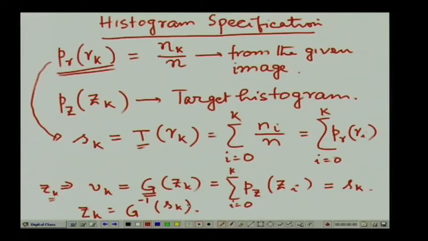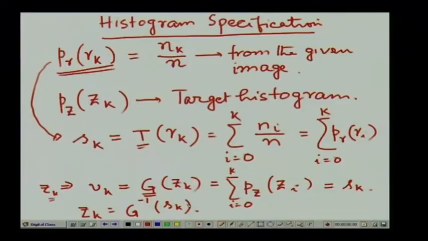So, what we have to do is, for the given image, find the transformation function T(r) corresponding to the histogram of the given image. Using this transformation function, every intensity value of the input image, r_k, is mapped to an equalized intensity value s_k. That is the first step.